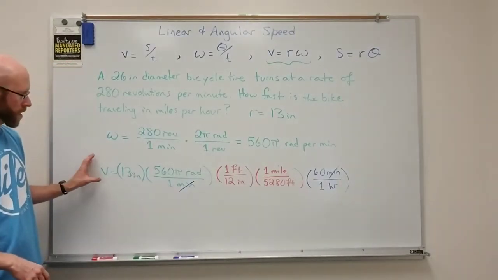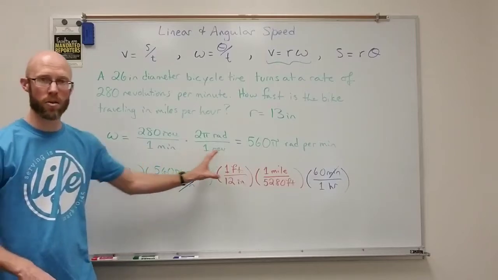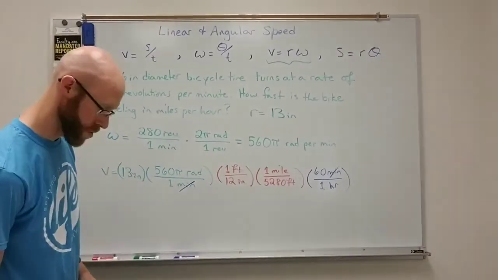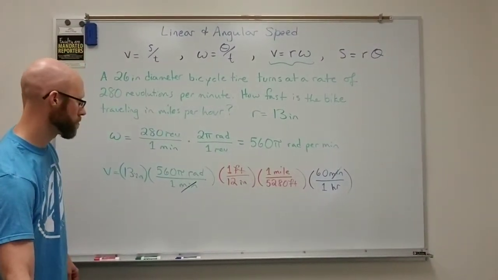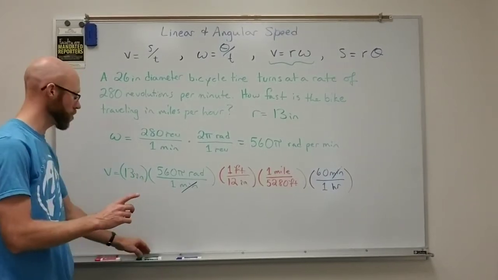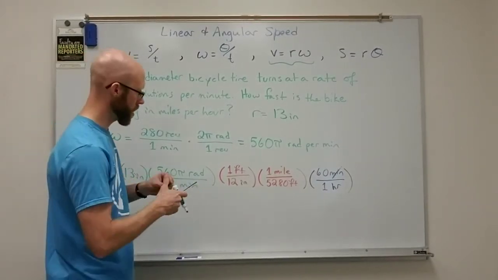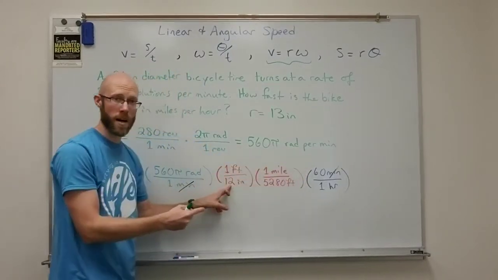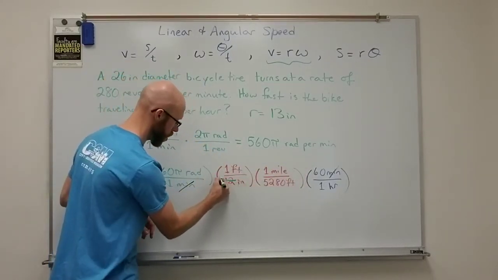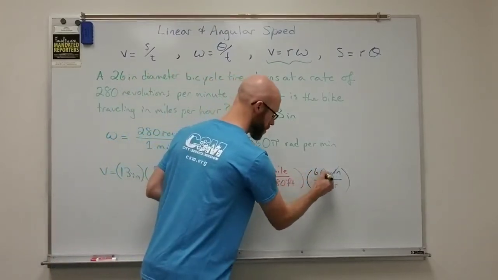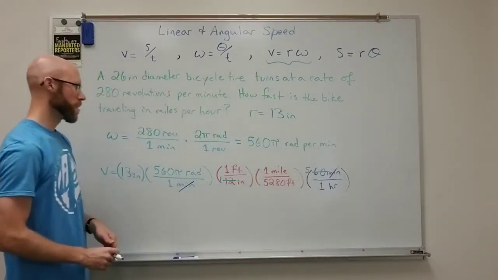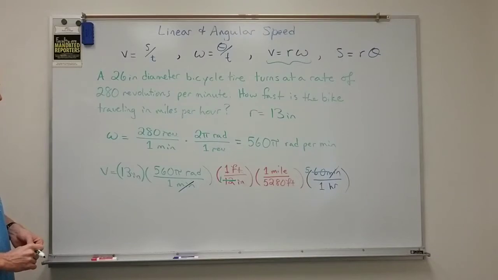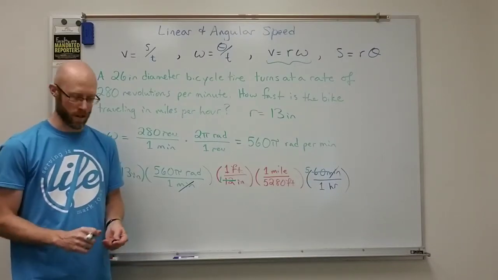So when I go ahead and calculate this, I'm trying to see if there's any nice simplifying I could do. I could simplify the 12 and the 60. I know 12 goes into 60 5 times, so I'm going to get rid of the 12, call it a 1, get rid of the 60 and call it a 5. That will just make things a little bit easier as I go through this.